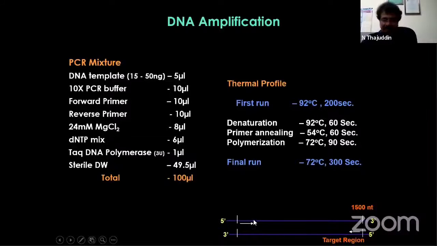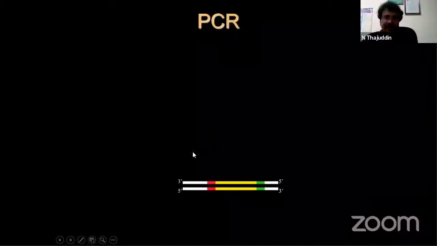For example, this is the genomic DNA. We have a primer which fits only the complementary region of the 16S rRNA coding region, at the 5' end as well as the 3' end in the opposite strand. This is just an explanation of how PCR occurs.